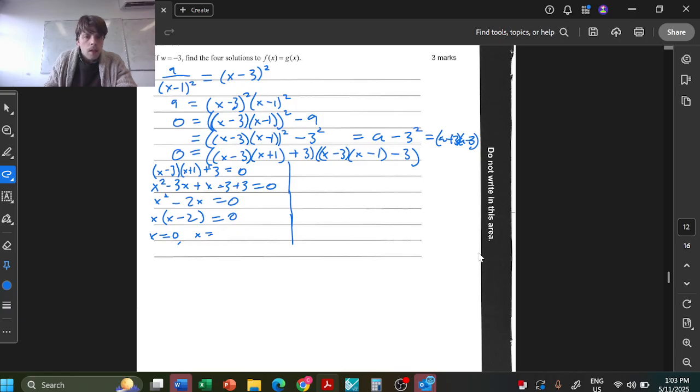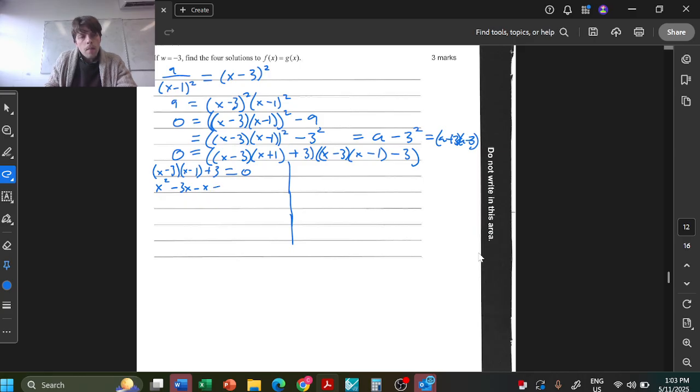Yeah, so that's a mistake. Sorry. Let me go back. Okay, sorry about that. So this was a minus sign here, right? Very annoying when the mistake happens right at the start. So that's x minus 1 plus 3 equals 0. So x squared minus 3x minus x, because it's x times x, so that's x squared.